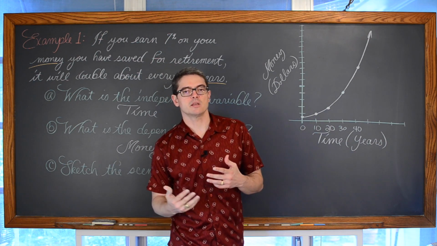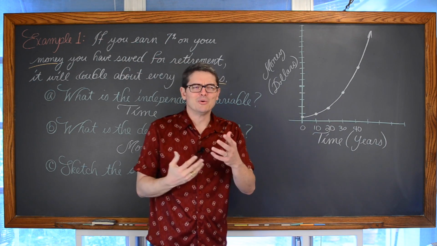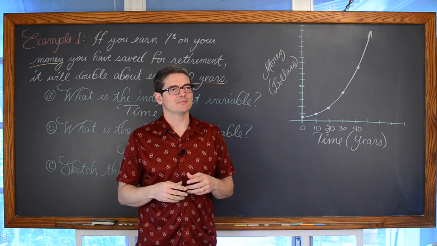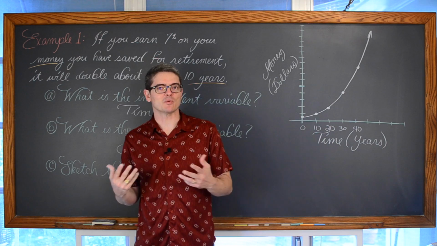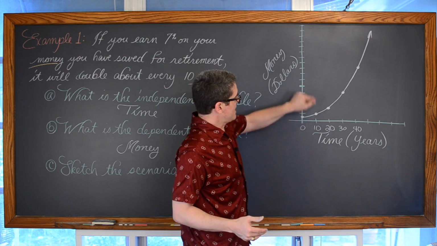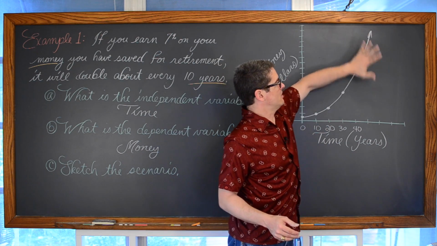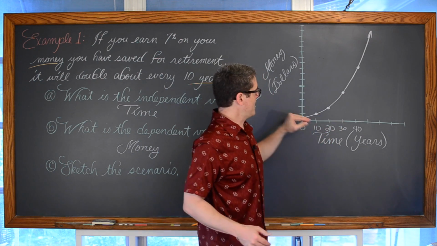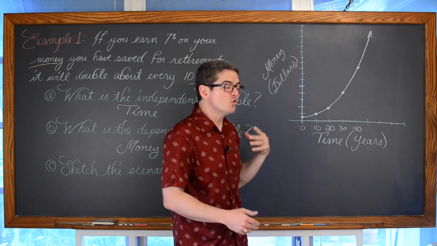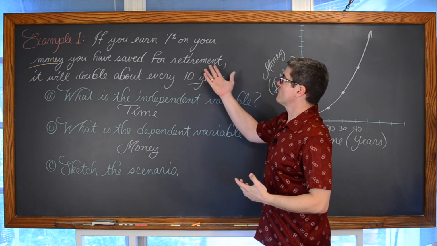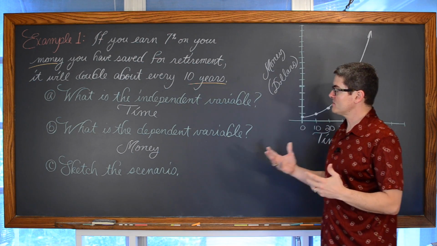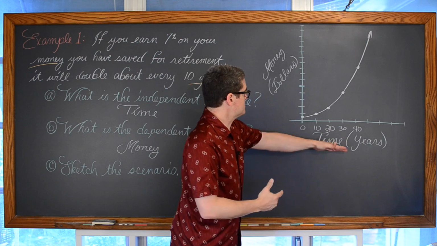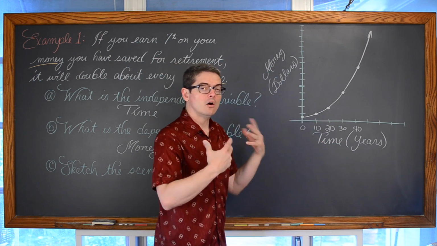Sometimes they grow, sometimes they shrink. There's good times and bad times, right? And so in the actual data, it might be gyrating all over the place, but we have this mathematical model. If you could, on average, over a long period of time, average 7% on your savings, this is the sketch of how these two variables of time and money are related to each other.